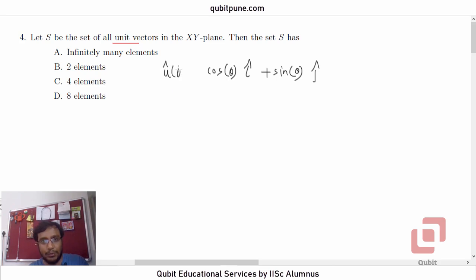Let's call it u cap of theta because it is now a function of theta. Okay, and if you find the magnitude of all these vectors irrespective of the value of theta, the magnitude is 1. Correct? So this answers the question, because they want us to determine how large the set S is. It clearly will have infinitely many elements, so correct option is A.